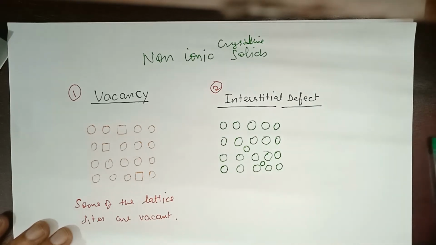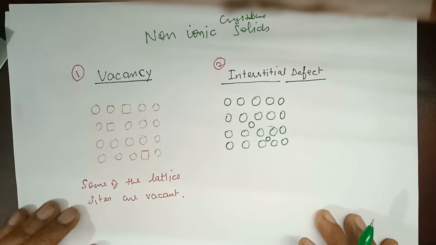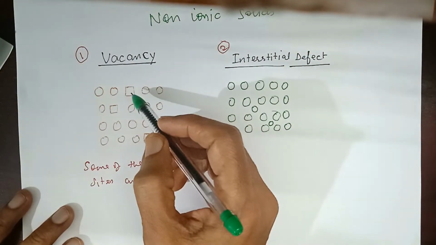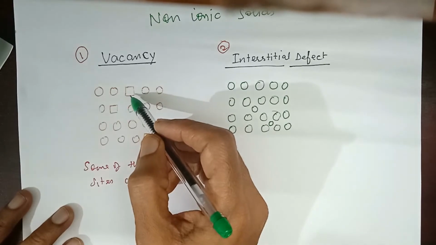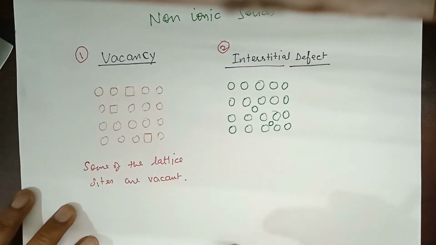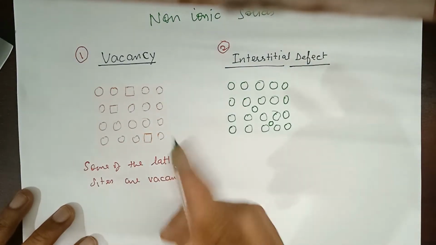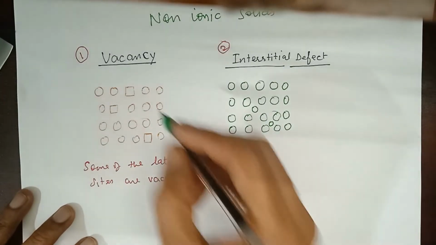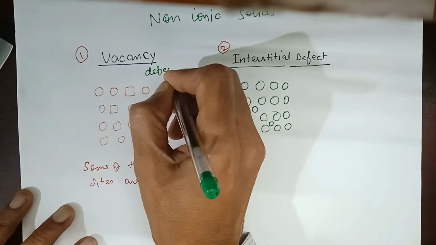Why are they vacant? Because during the process of crystallization, the atoms which were to be present at that site are missing. वो उस site से missing है, so the vacancy defect arises.